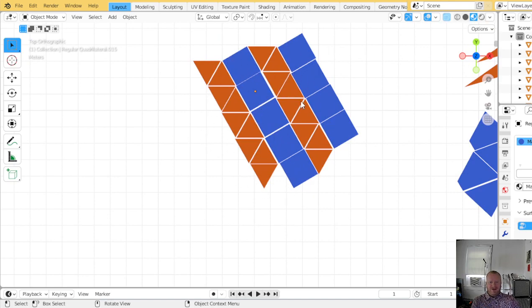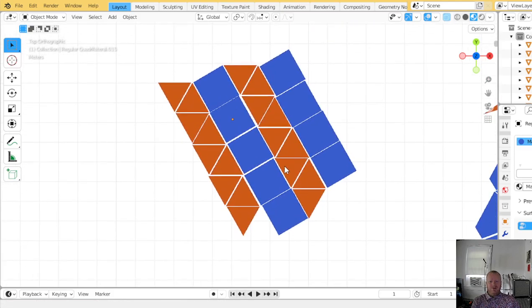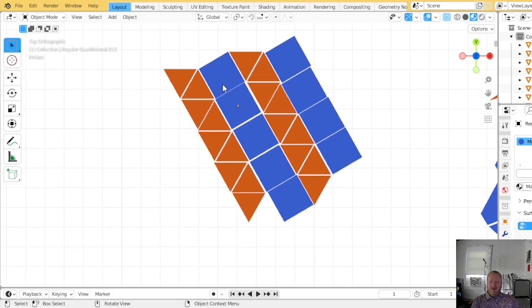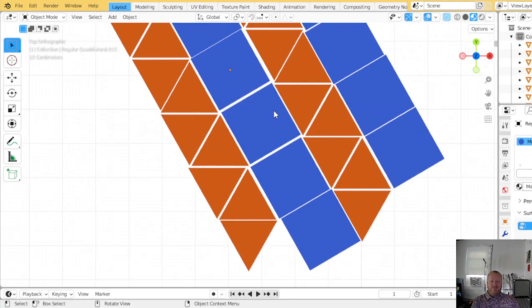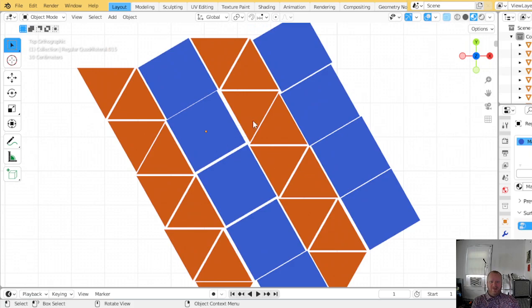A semi-regular tiling, again, has to use 2 or more regular polygons, and each vertex needs to be the same, meaning each vertex has to have the same number of shapes.